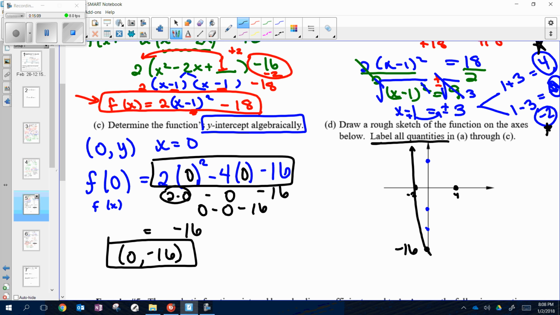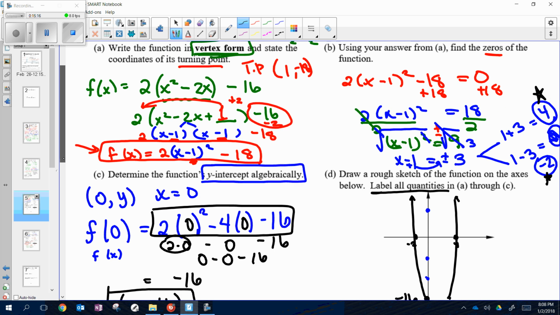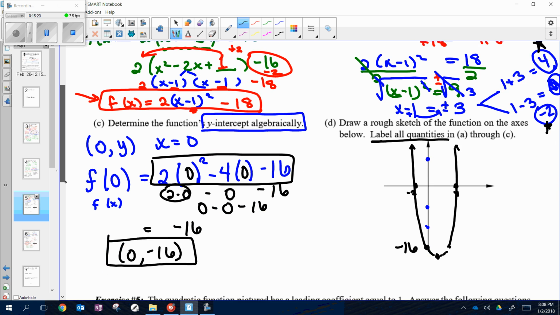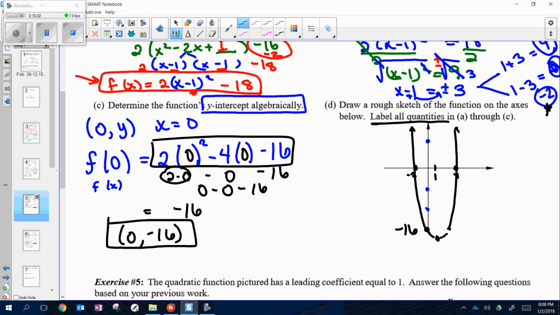I'm not really sure where it turns. Did I find that? Wait a minute, I bet I did. Where does it turn? Go back up to the original. Oh yeah, I found my turning point. 1, negative 18. Right there, 1, negative 18. So everything starts to come together and you're able to make the parabola.